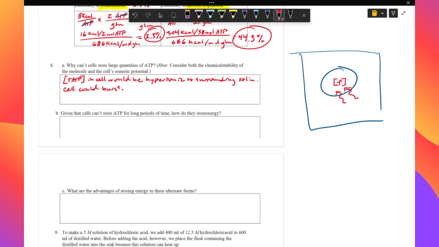So ATP is highly reactive at normal body temperature. It's just not very stable. It's going to break down into ADP and inorganic phosphate pretty easily.